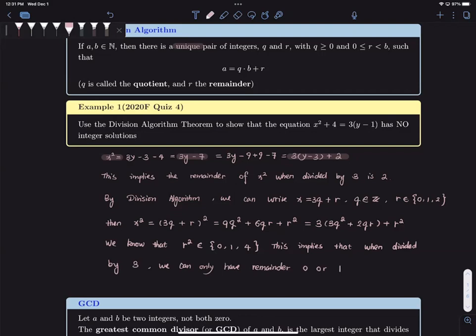So this is a contradiction. Before we said it's 2, but now we said it can only be 0 or 1. Okay, so this is a contradiction. Why not 4? Because 4 cannot be a remainder after divided by 3.